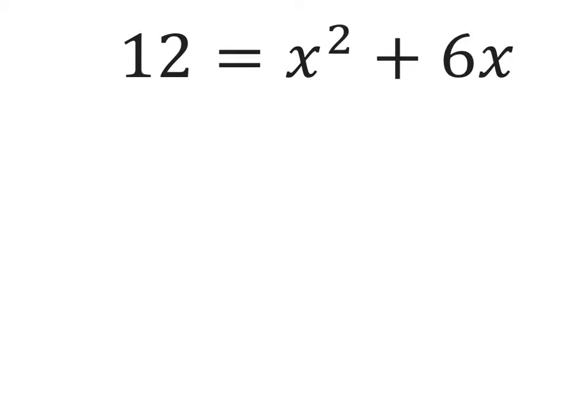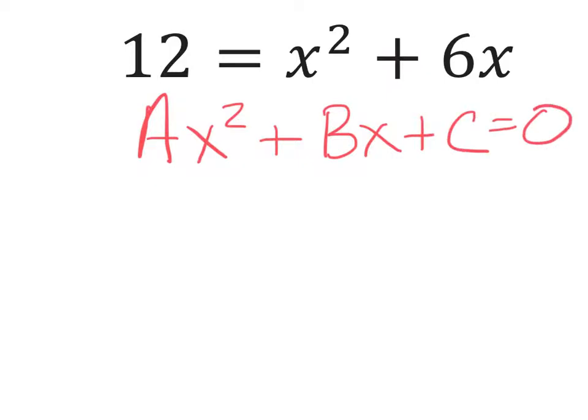If I'm going to solve a quadratic equation, I must make certain it's in the right form first. How can I put this equation in the right form? We need it in this form: ax squared plus bx plus c equals 0.